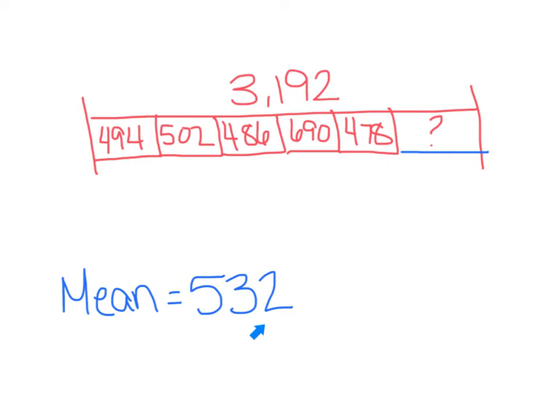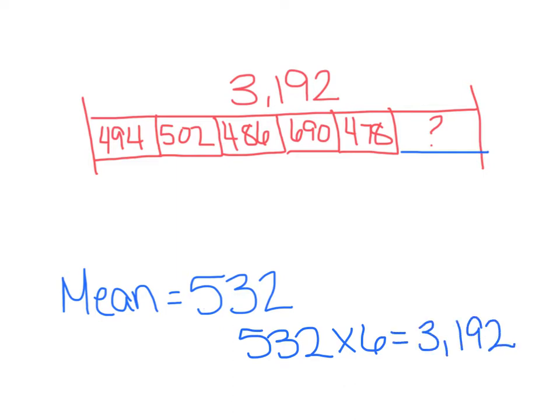Well, let's figure that out, okay? If the mean is 532, then 532 times 6 would be the total number of minutes. So 532 times 6, because there's 6 months in this word problem, equals 3,192.